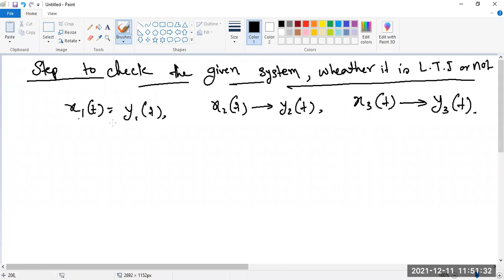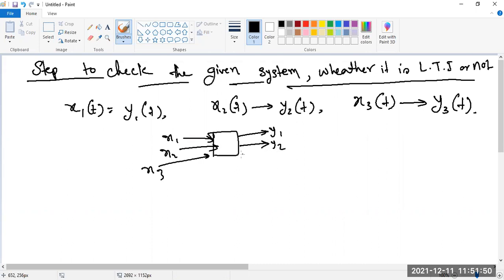So if the system is given, then if you put x1, if you put x2, if you put x3, you simultaneously get y1, y2, and y3.